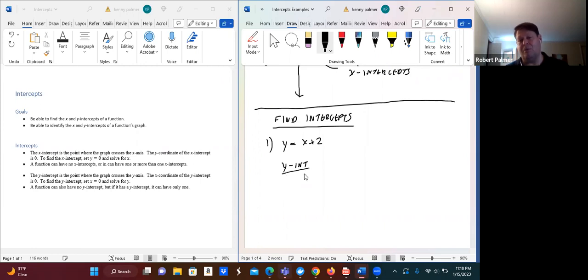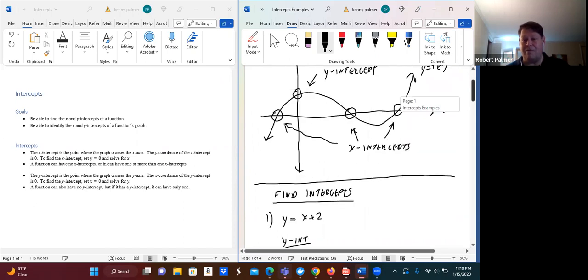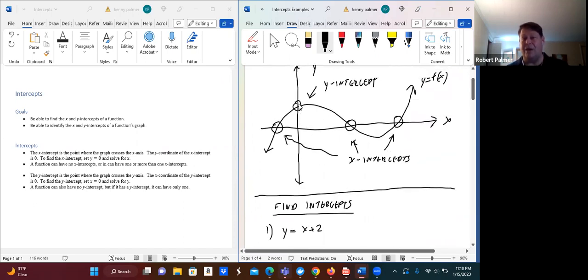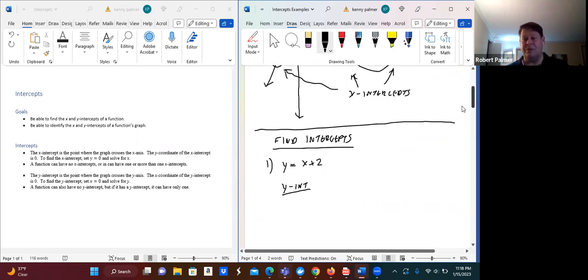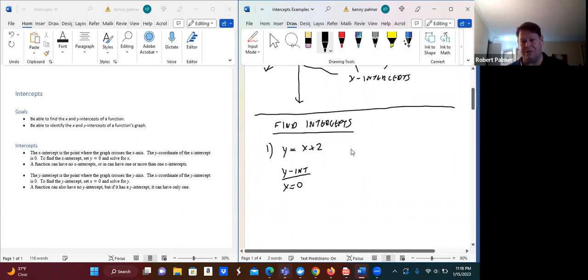Find the y-intercept. Well, once again, look back at our graph. We said the y-intercept is where the graph crosses the y-axis, and on the y-axis, x is 0. So to find the y-intercept, we just make x equal to 0 and plug that in. So if x is 0, what we have is y is equal to 0 plus 2, or y is equal to 2.